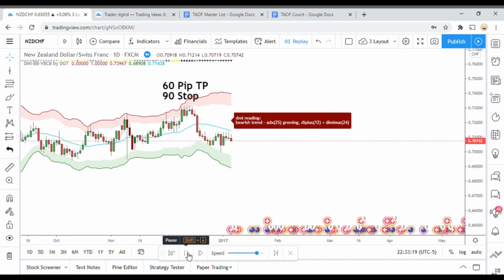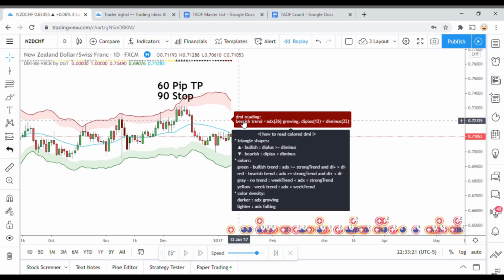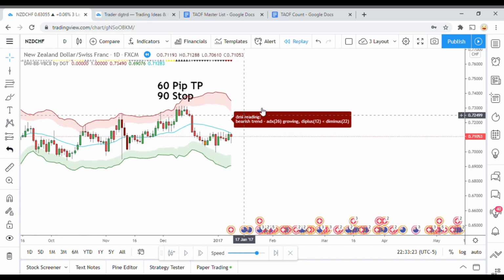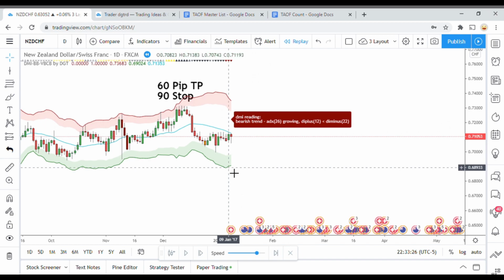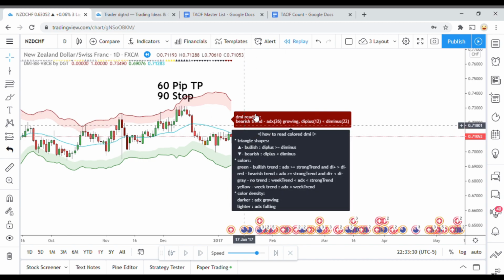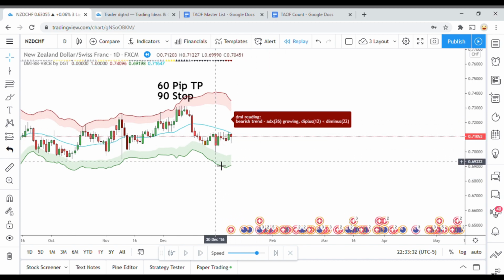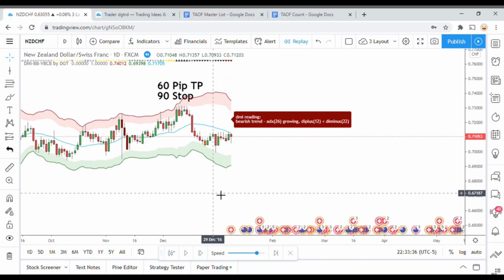So we're moving along, and you can see here, it now starts to change and give us some readings telling us whether we are in a bearish trend or a bullish trend.